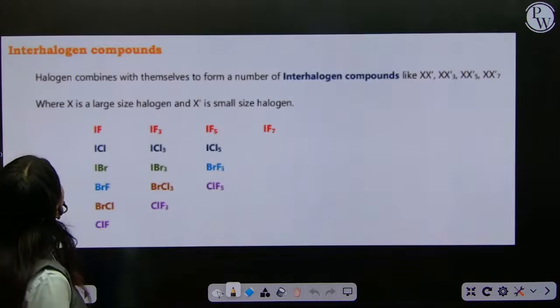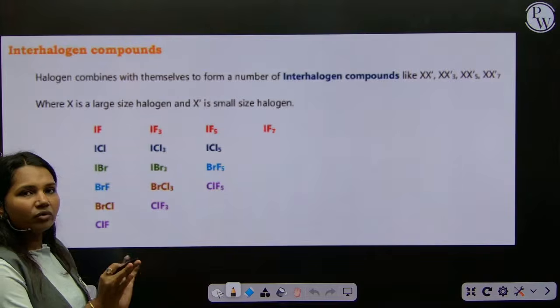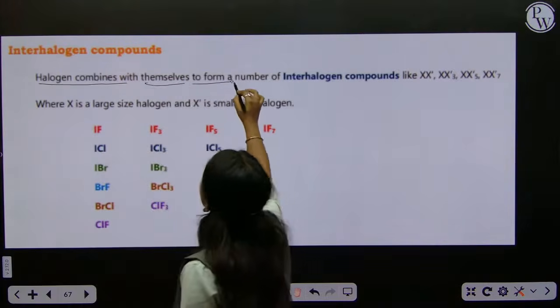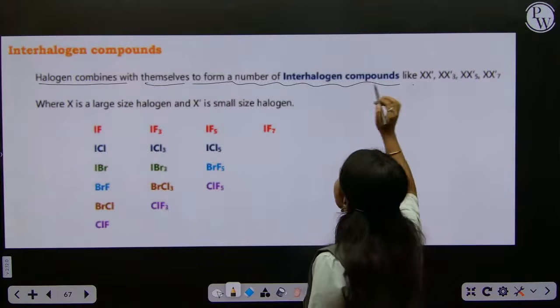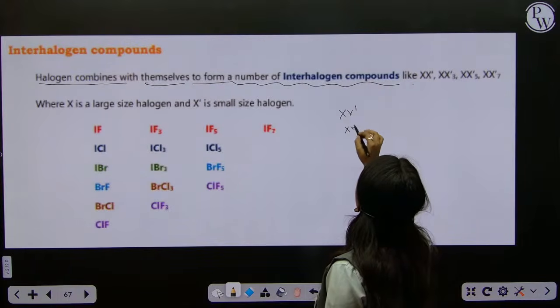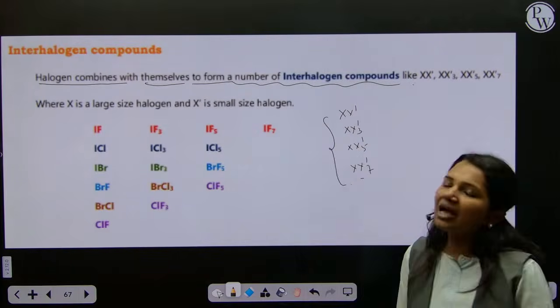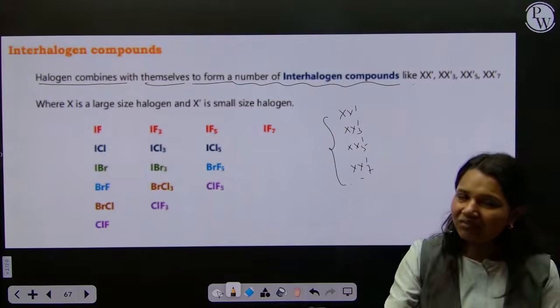Now next, interhalogen compounds. Mixing of two halogens is called interhalogen. Halogens combine with themselves to form a number of interhalogen compounds: XX', XX3', XX5', XX7'. So these are the interhalogen compounds, halogen reacting with halogen.